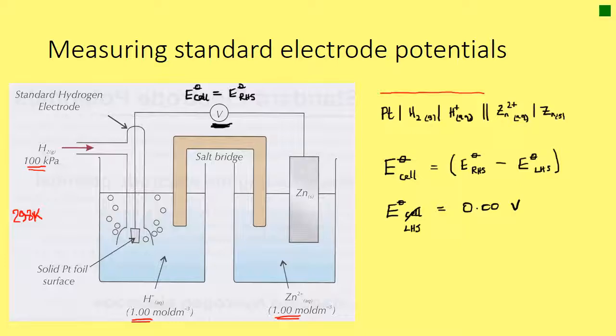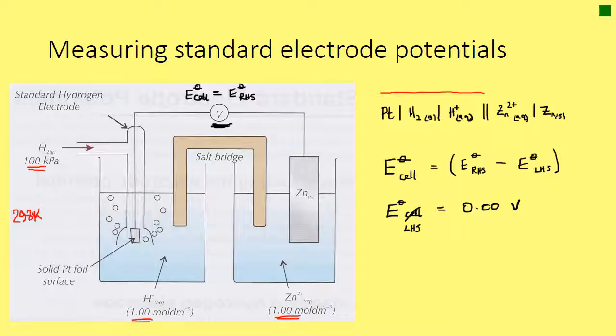We've already said that the left-hand side, which is the standard hydrogen electrode, is by definition 0 volts. That's just because scientists have said it is, and by doing that, it allows everything to be referenced against it.